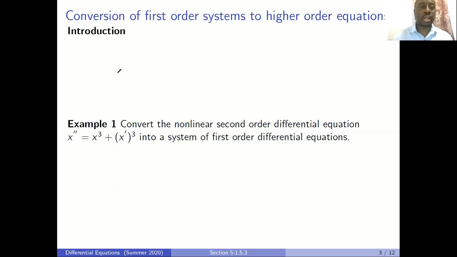Now, this is the basic idea. There's a very important conversion principle. Let's just write down what a general system of equations looks like. We have a system of first order equations. Let's say we have x1 prime being some slope function, which depends on x1, x2, x3, and let's say it depends on n functions.